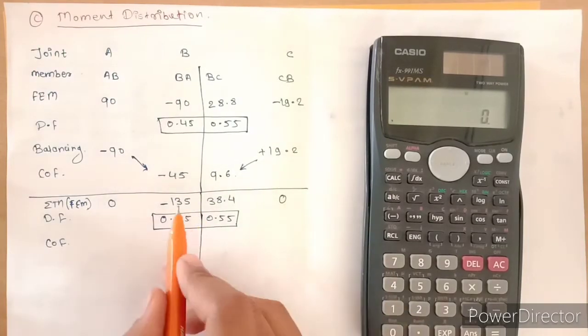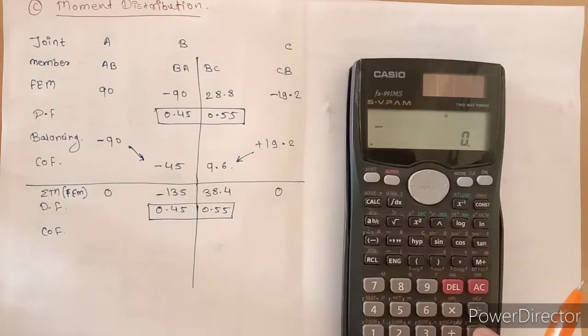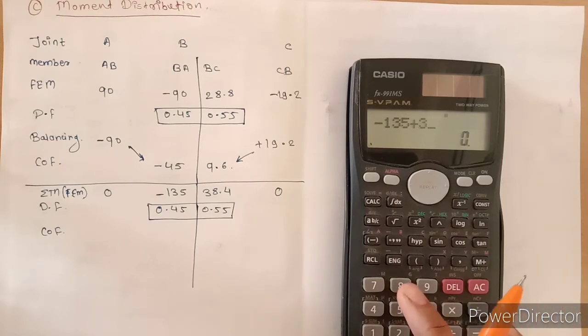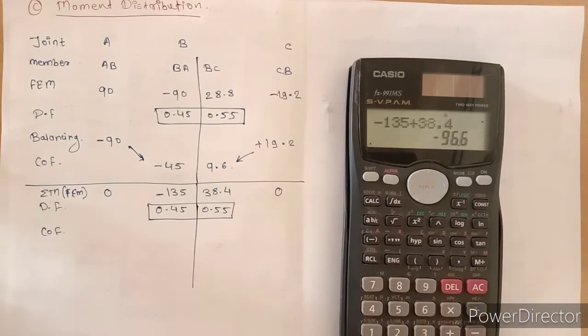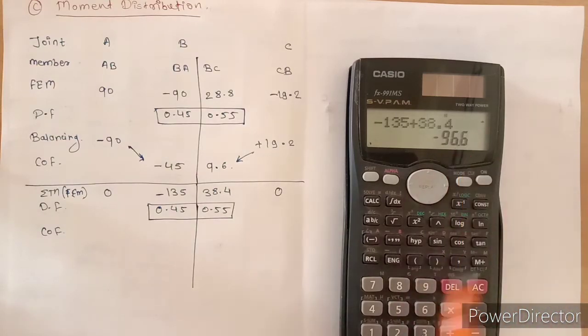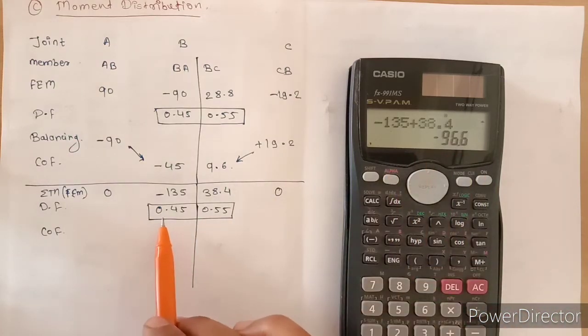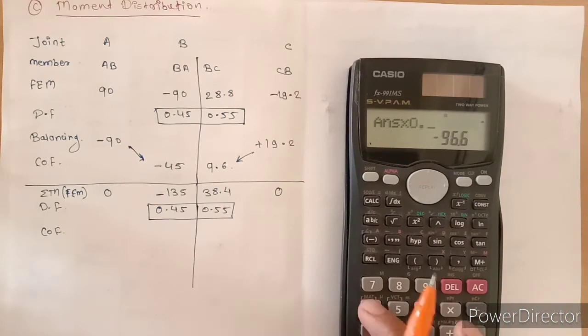First take the difference between these two values, that is minus 135 plus 38.4. The answer is minus 96.6. Multiply this answer by the distribution factor, that means by 0.45.